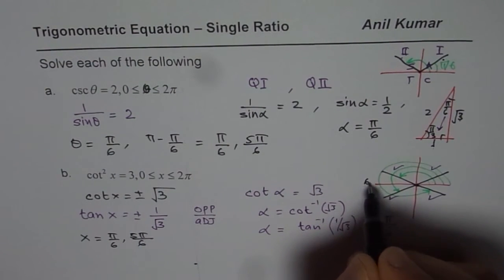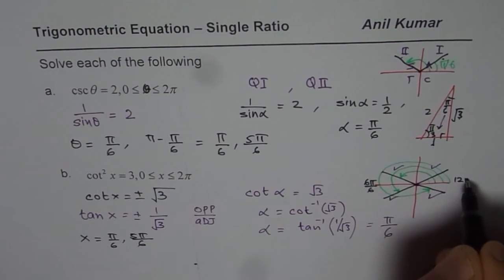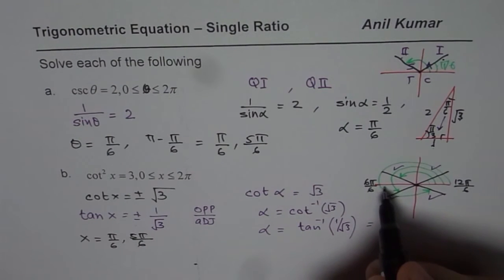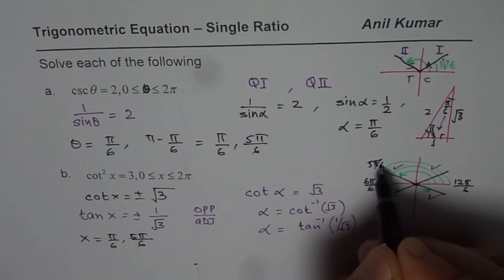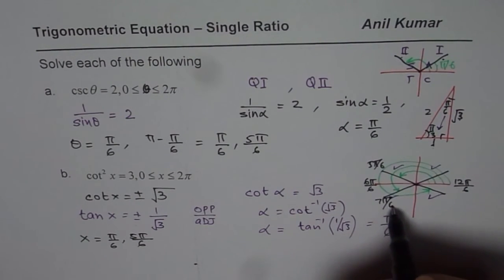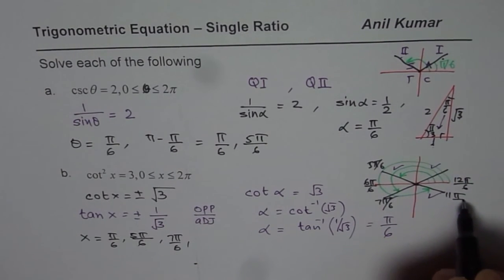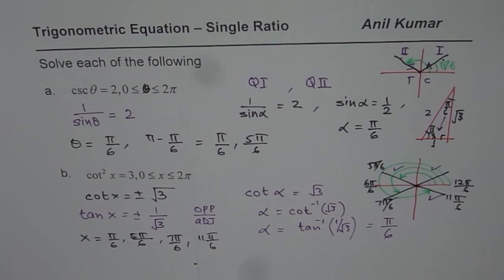This is pi, which I could write as 6 pi by 6, and this is 2 pi, 12 pi by 6. One less than 6 is 5, so this one is 5 pi by 6. One more is 7, so I get 7 pi by 6. And one less than 12 gives 11 pi by 6. So fast, right? You don't really need a calculator to do all this. So that is how you can get solutions for these equations.